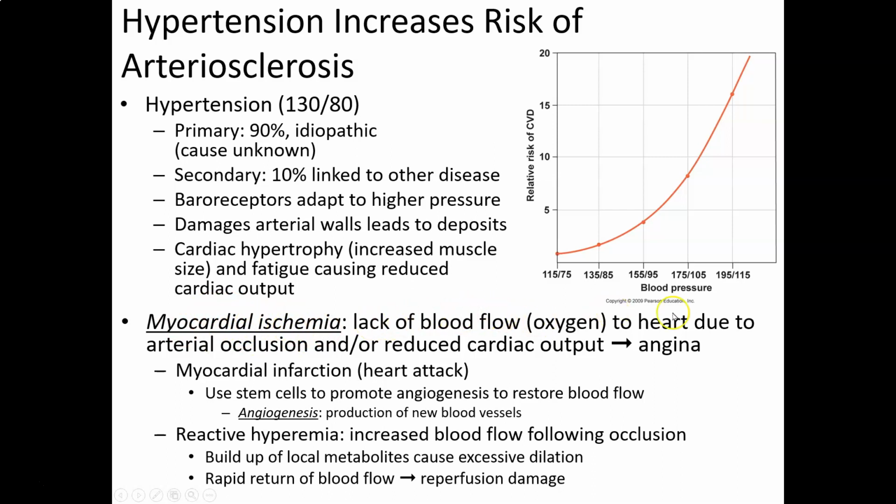That's almost always due to what we call arterial occlusion, that our arteries are narrowed from a disease process. It could be that we have a lack of cardiac output. If we're not putting enough blood out of the heart, we're not going to get enough blood to supply the heart tissue. And in those cases, you often end up with what's called angina.